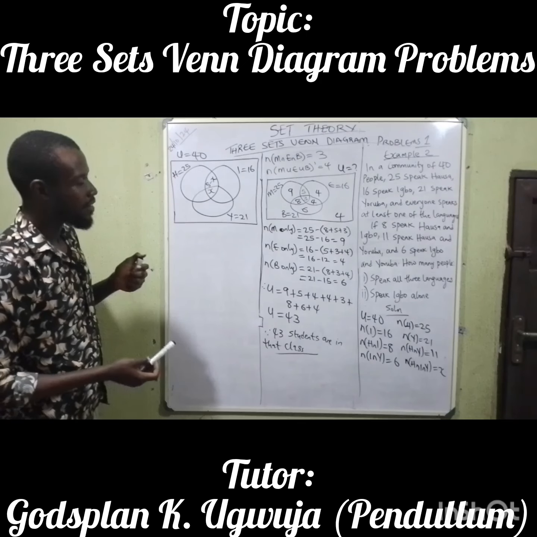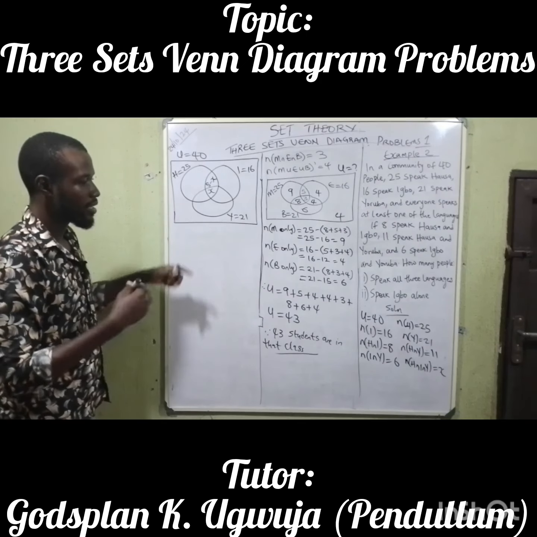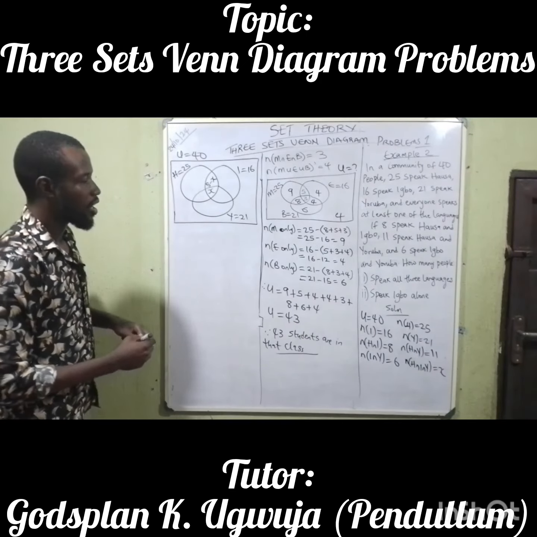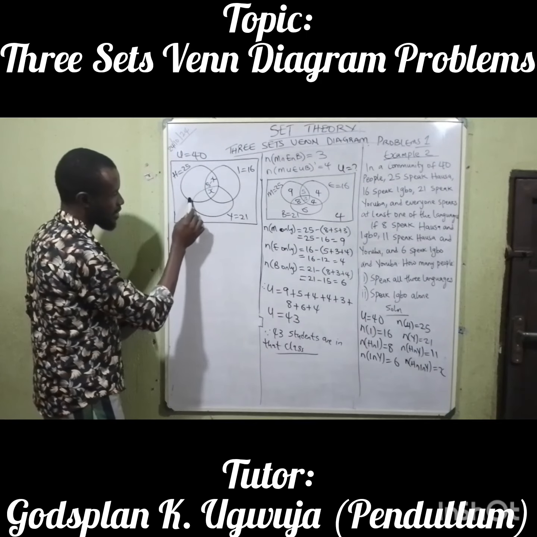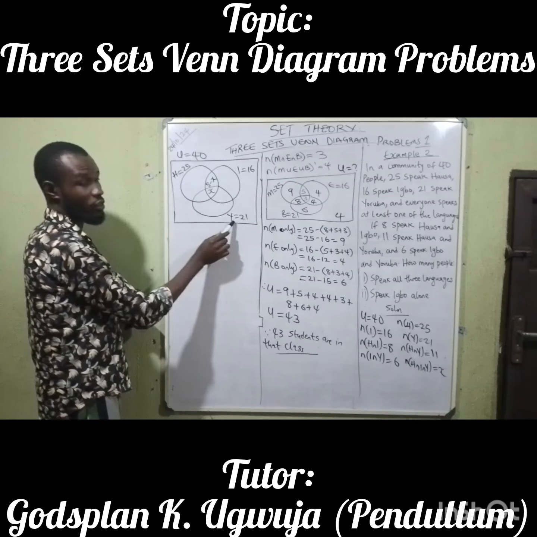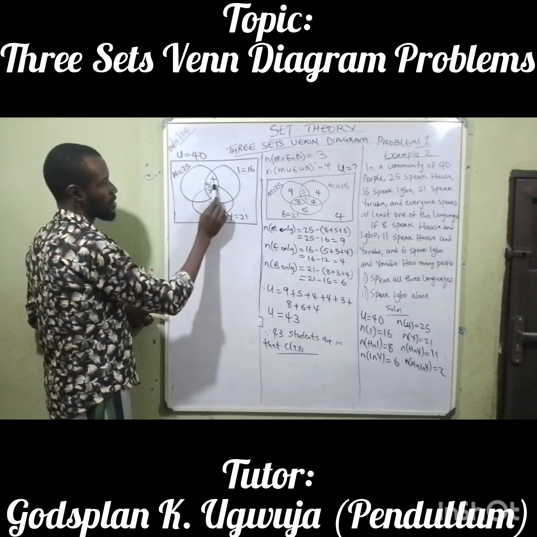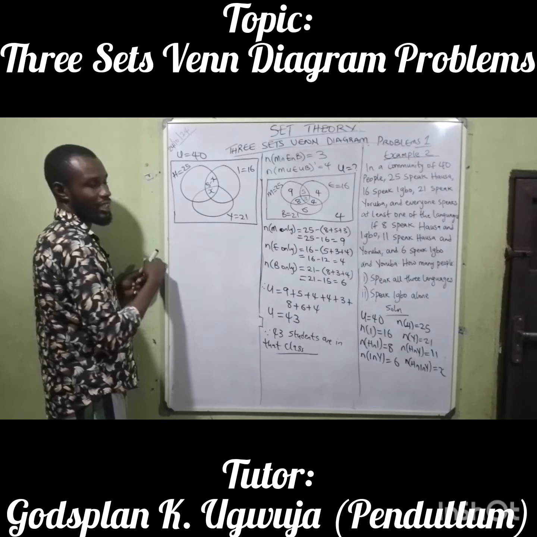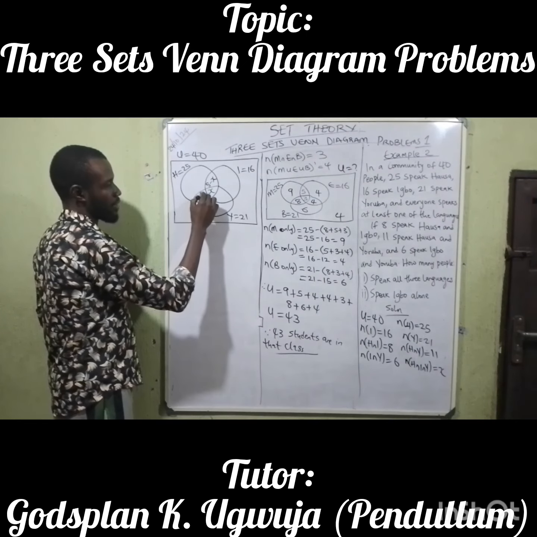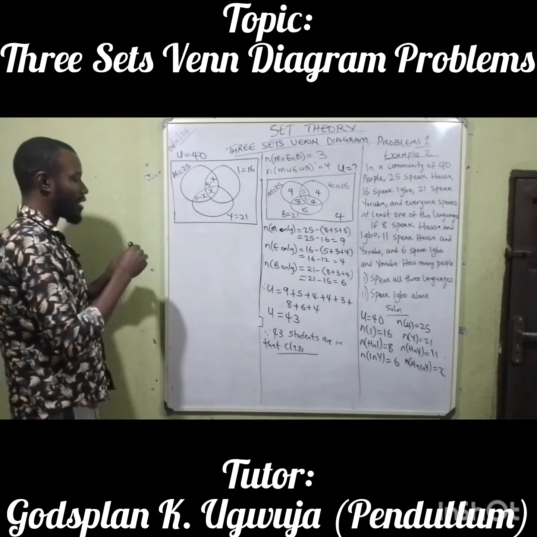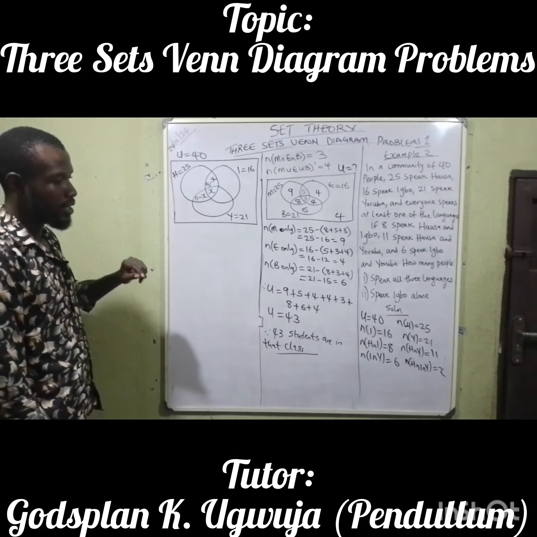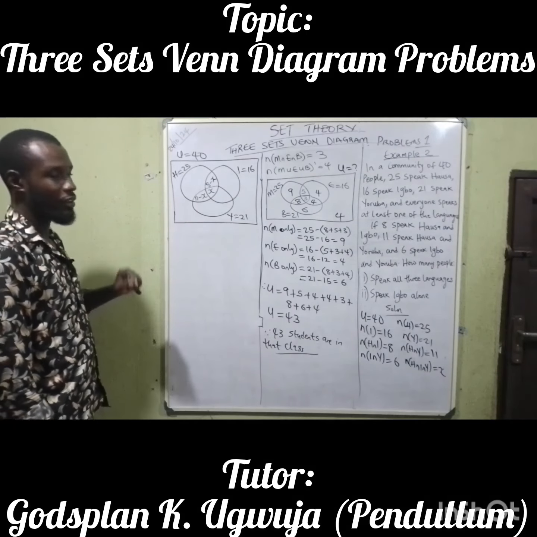Alright, and then you have Hausa intersection Yoruba, 11 people. So if this whole intersection is 11, and this part is X, here will be 11 minus X. And then for Yoruba and Igbo, 6 people speak Igbo and Yoruba.